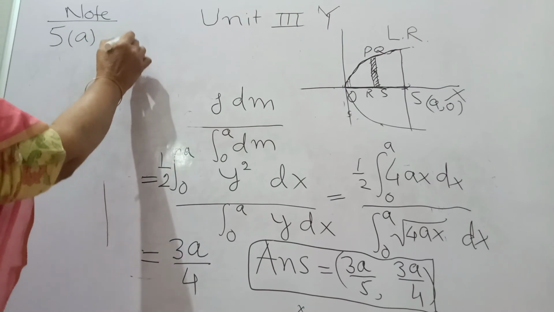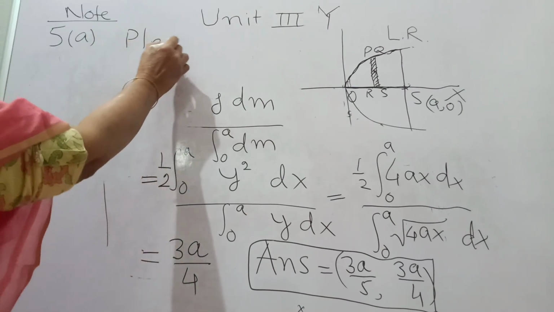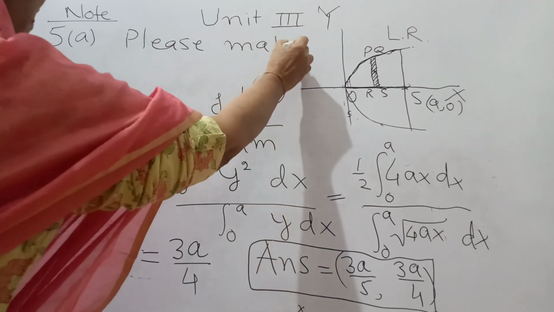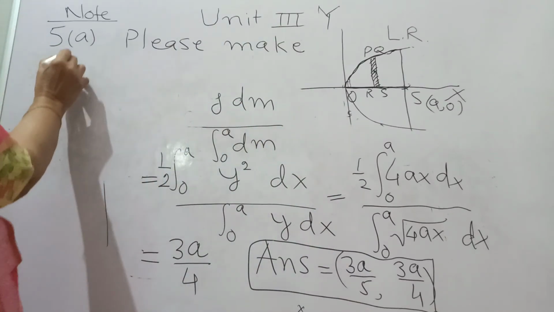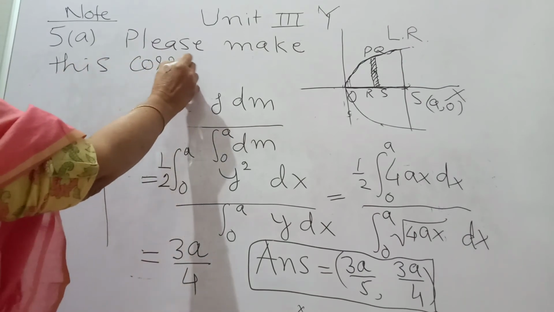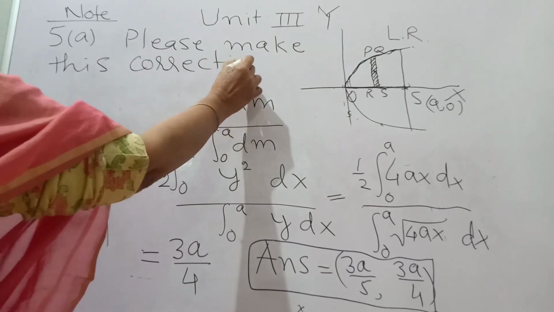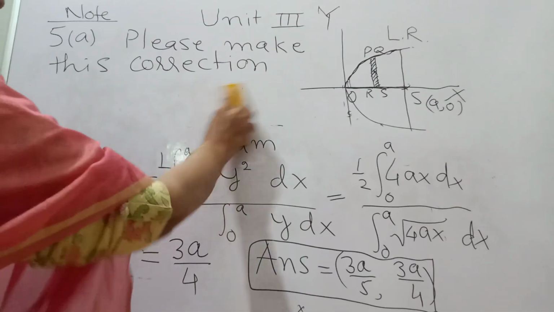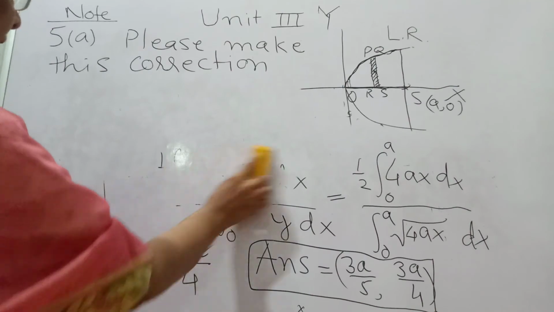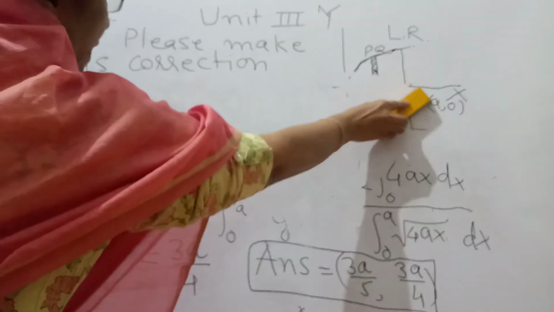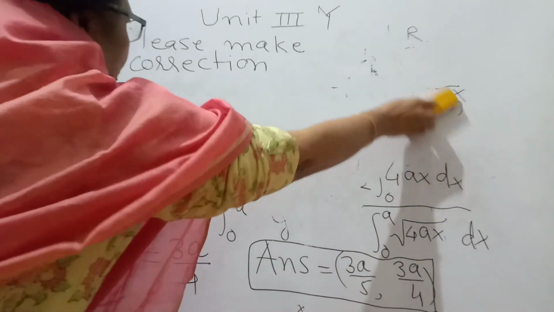Please make this correction in 5a. Now what is that correction? I told you that you have to question each and every step. What you are doing, why you are doing.